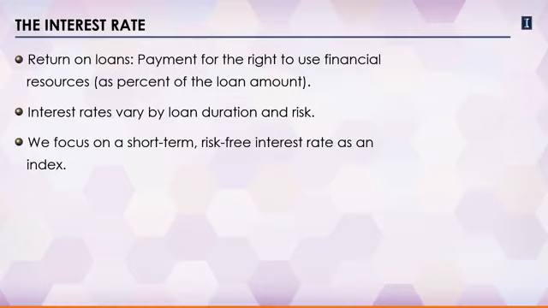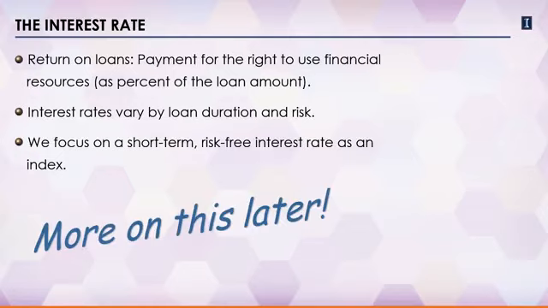We will be using one interest rate as an index of the rest, and then discuss any deviations of other interest rates from that benchmark interest rate whenever necessary. Our benchmark interest rate is going to be a short-term risk-free interest rate like U.S. Treasuries, for example, 1-year U.S. Treasury bills. More on this again later.